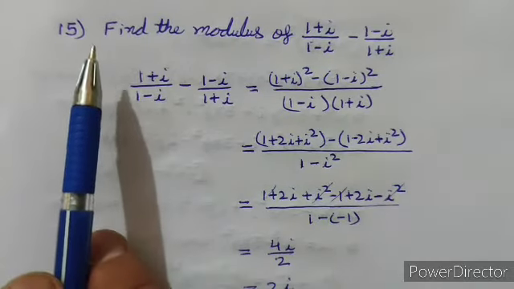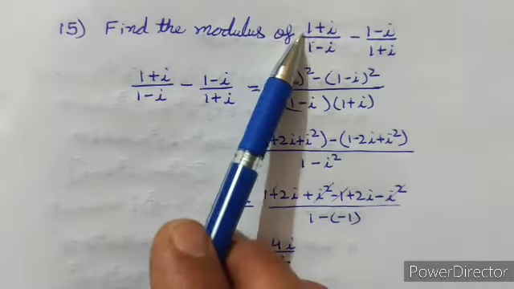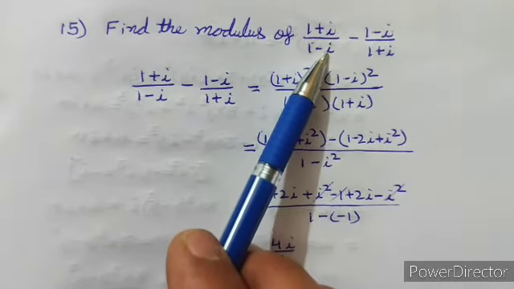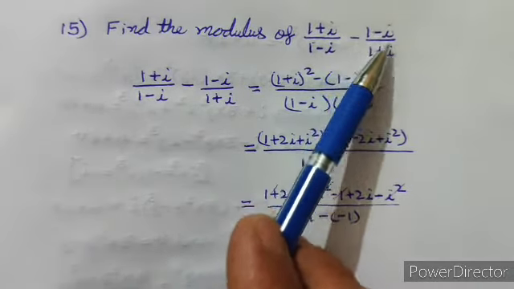Now in question number 15, we have to find the modulus of (1 plus i upon 1 minus i) minus (1 minus i upon 1 plus i).